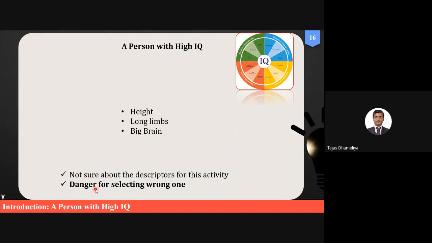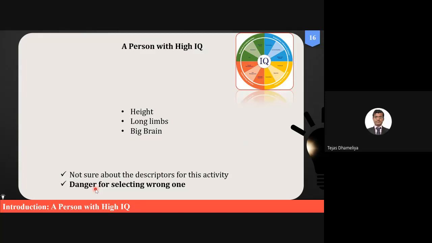For example, IQ cannot be correlated with the height and long limbs of persons. IQ can be correlated with probably the size of the brain, right?